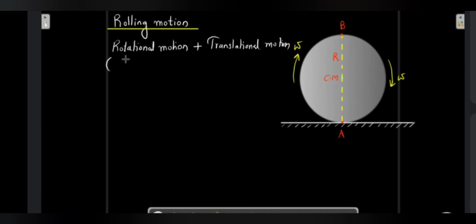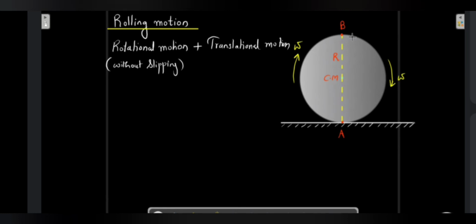Now we have to note that this rotational motion should be without slipping, that the body which is rotating should not slip due to the lack of friction. So if we have a combination of rotational motion and translational motion of a rigid body together, it is called the rolling motion.